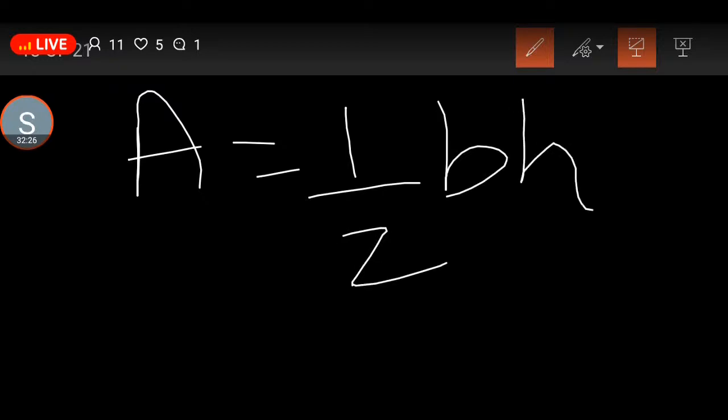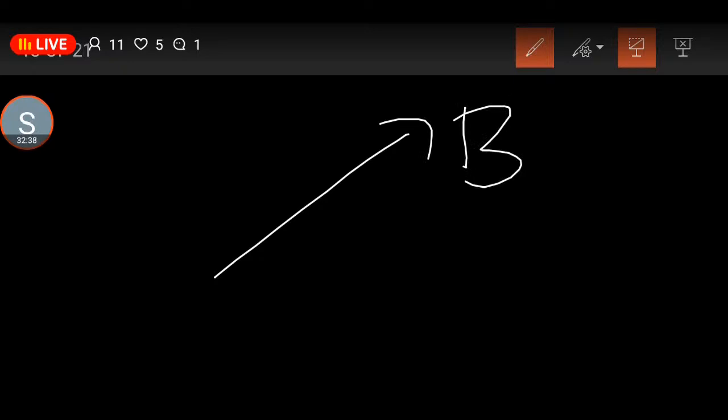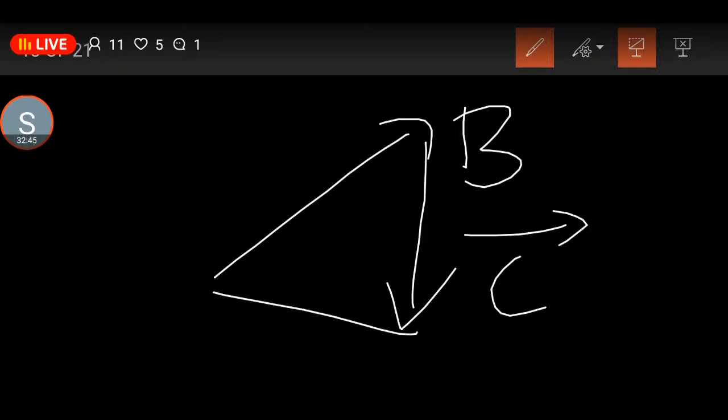What is the formula of area? Half into base into height, right? This is the formula of area. Let me take this as B vector. Let me take this as C vector. Let me take this as A vector.